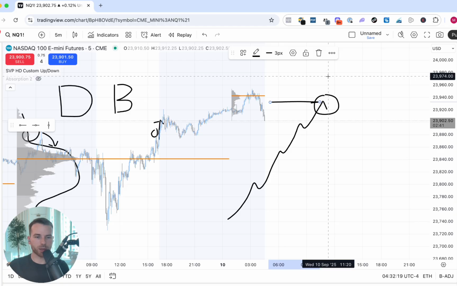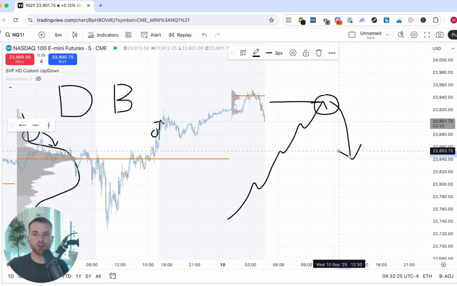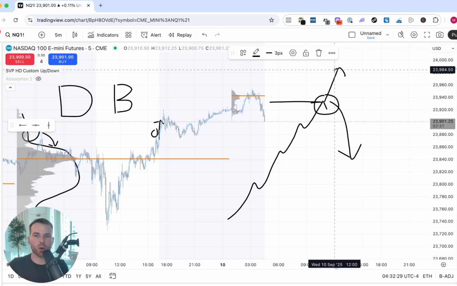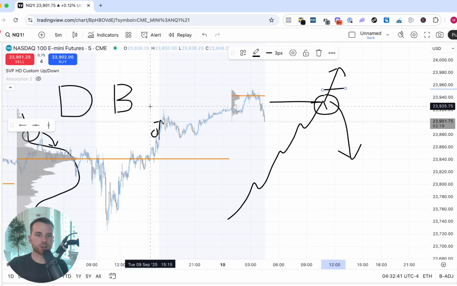I can do this, but I've been trading the markets for a very long time. I know when the market is most likely going to reverse from this level. But if you try this as a beginner, the market is most likely just going to keep going up, and you will get stopped out right here for a loss. And then you think, oh, all of this doesn't work, even though it does, even though you just didn't know where to look for a nice trade. Okay, so those are the market conditions in terms of the volume profile.